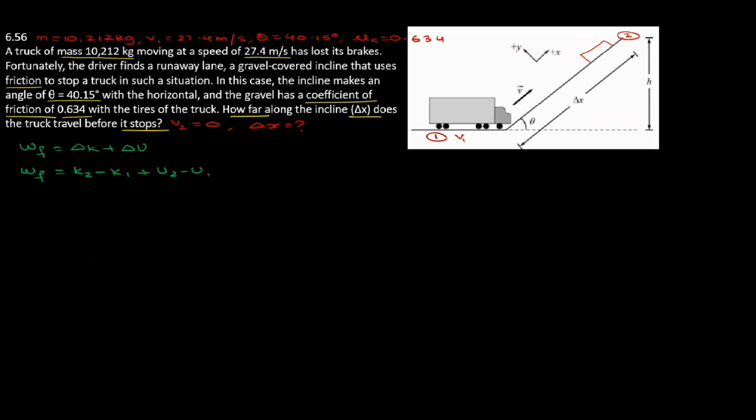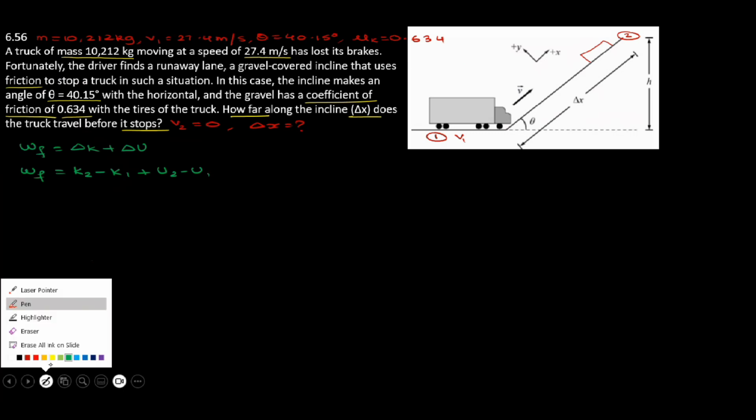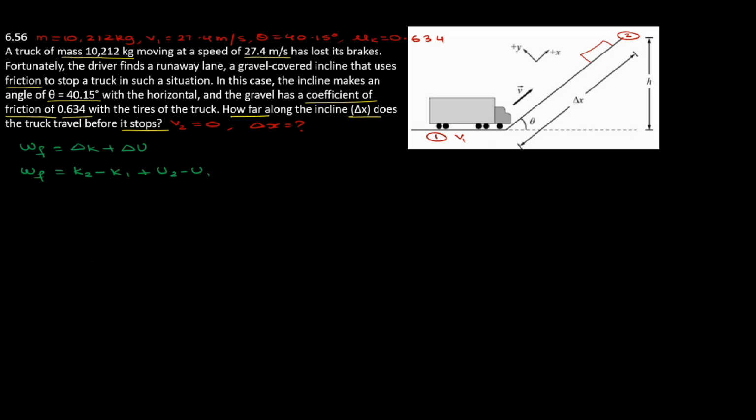Now we need to find the values of these kinetic and potential energies. At position 1, my truck is at ground level. So since my truck is not raised at a height above the ground, potential energy at this point will be 0. So U1 will be 0.